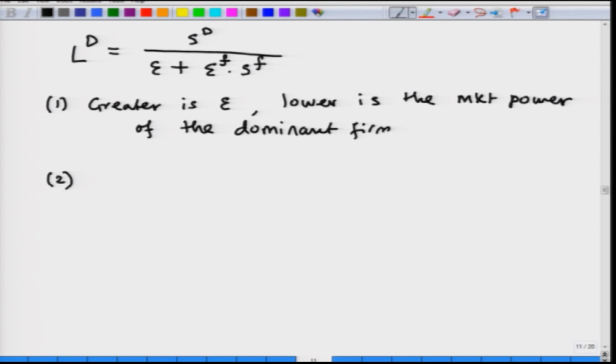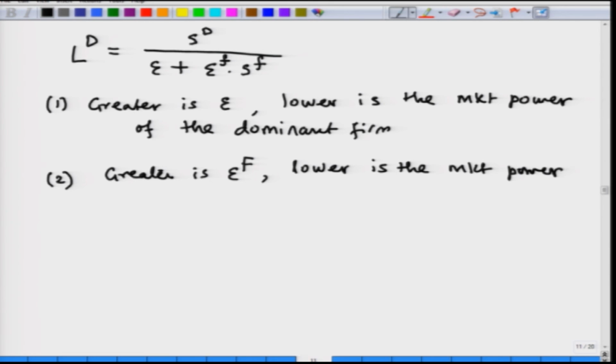The second observation is, greater is EF, which is the elasticity of supply of the fringe firms, which is the supply responsiveness of the fringe, again lower is the market power of the dominant firm. What this essentially means is that attempts by the dominant firm to raise the price are less successful, the greater the ability of the fringe firm to provide opportunities for supply substitution.